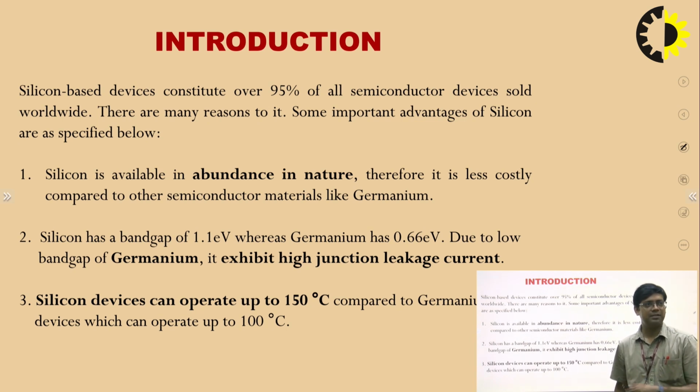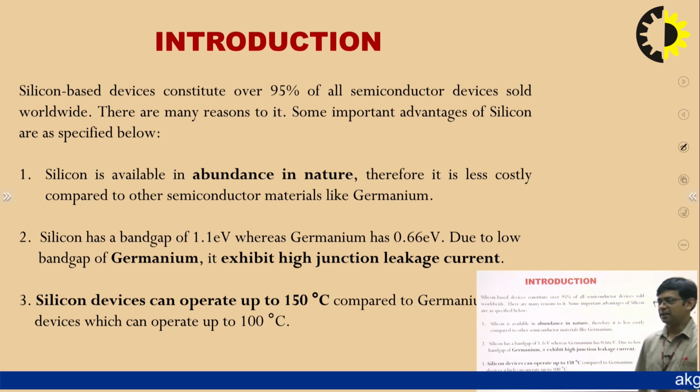The first advantage is that silicon is available in abundance in nature and therefore it is less costly as compared to other semiconductor materials like germanium. So, the low cost of silicon is one of the important reasons why we use it.